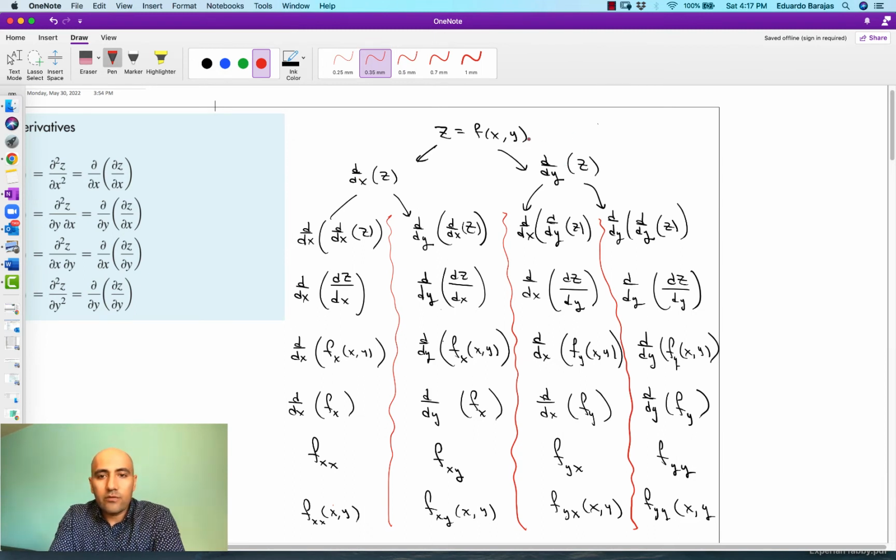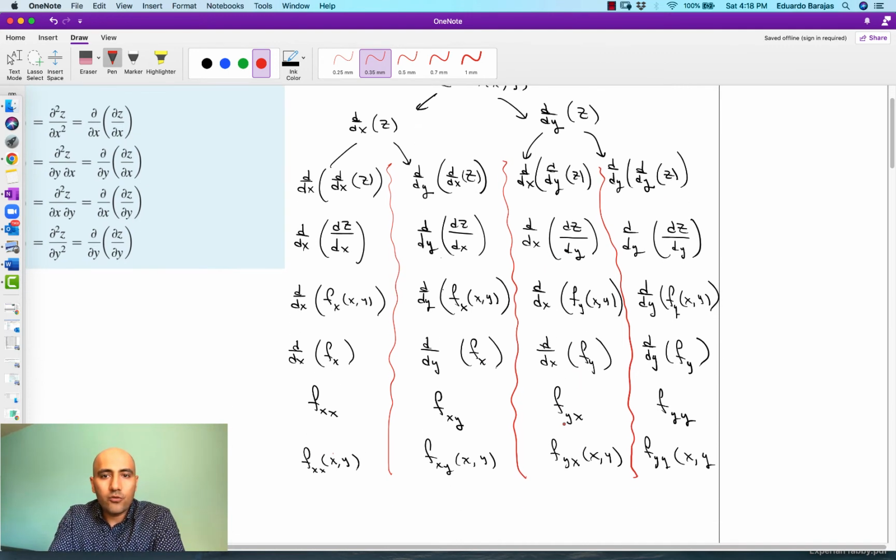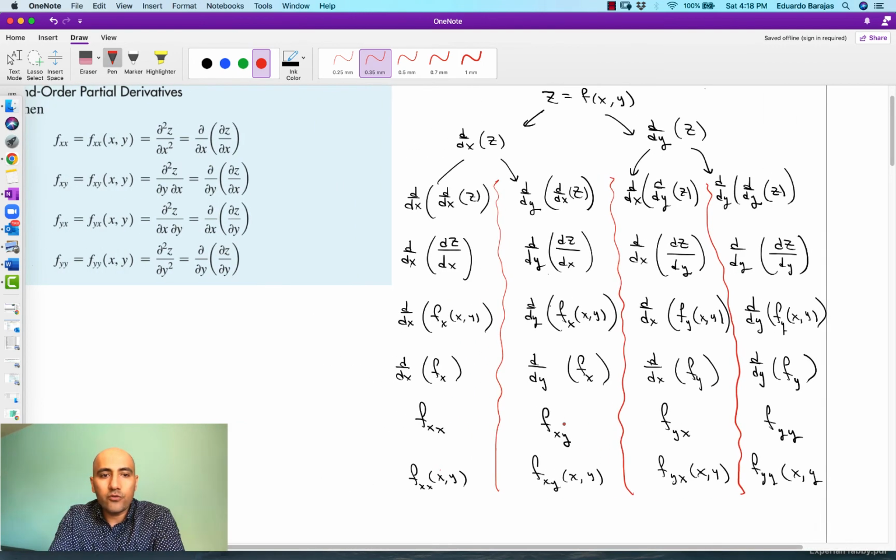Same thing over here, derivative with respect to y. This leads to some other function, also with x's and y's in here. And then again, we can choose to take the derivative of that function with respect to x or with respect to y. And then same thing here. So we end up with 4 possible outcomes. Good. So these are the 4 possible second order partial derivatives.